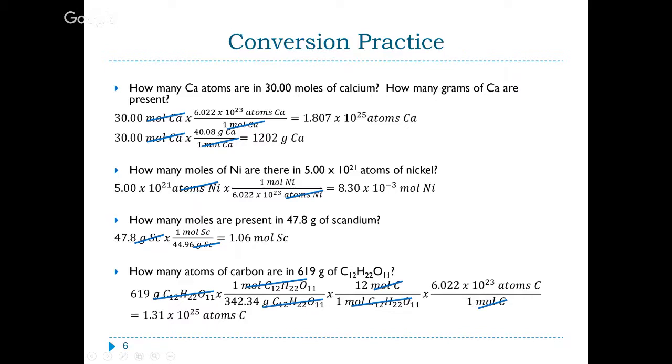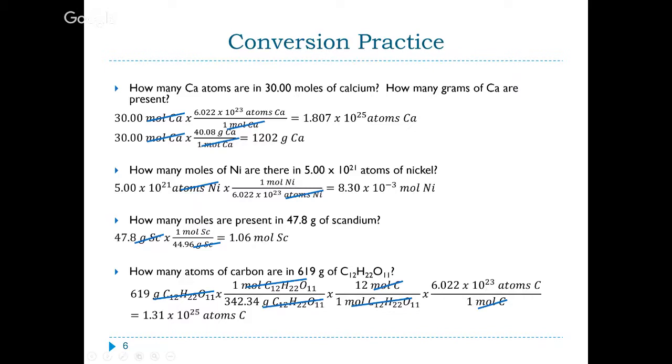Notice Avogadro's number, comparing it here, right? There's a difference of times 10 to the 2. So I have 100 times less, at least, the number of nickel atoms, which makes sense then why I have a small number here. If you have a number that is 10 to the 23rd or bigger, you expect to have more than a mole. If it's 10 to the 23rd smaller, right, than 6.022, you are going to have less than a mole.